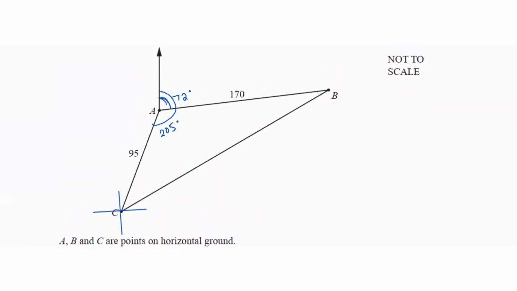So we have to calculate BC. This is x. So first we'll find this orange angle, which is going to be angle CAB, which is 205 minus 72, which is going to equal 133 degrees.